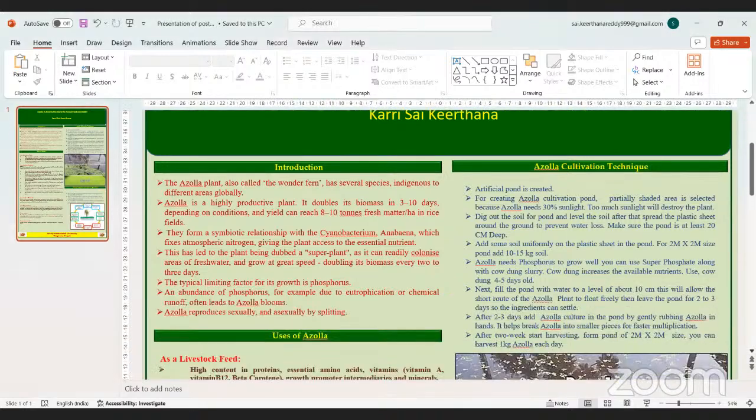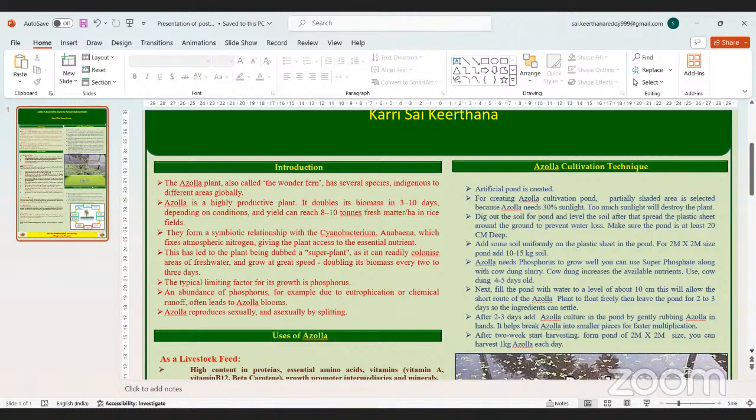Introduction. The Azolla plant, also called the wonder fern, has several species indigenous to different areas globally. Azolla is a highly productive plant. It doubles its biomass in 3 to 10 days, depending upon the condition, and yield can reach 8 to 10 tons fresh matter per hectare in rice fields.